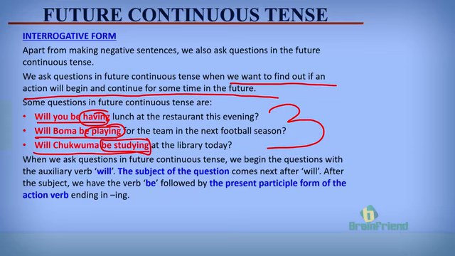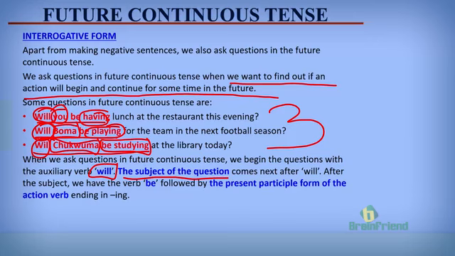And note that when we ask questions in the future continuous tense, we begin the questions with the auxiliary verb will, as we have here. Next, after will, we have the subject of the question. And here the subject is you, the pronoun you. Here the subject is Boma. And here the subject is Chukuma.